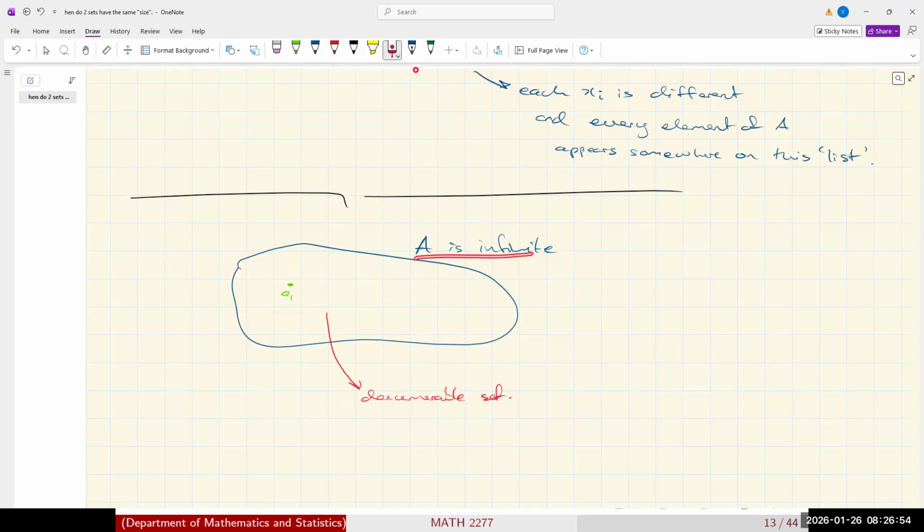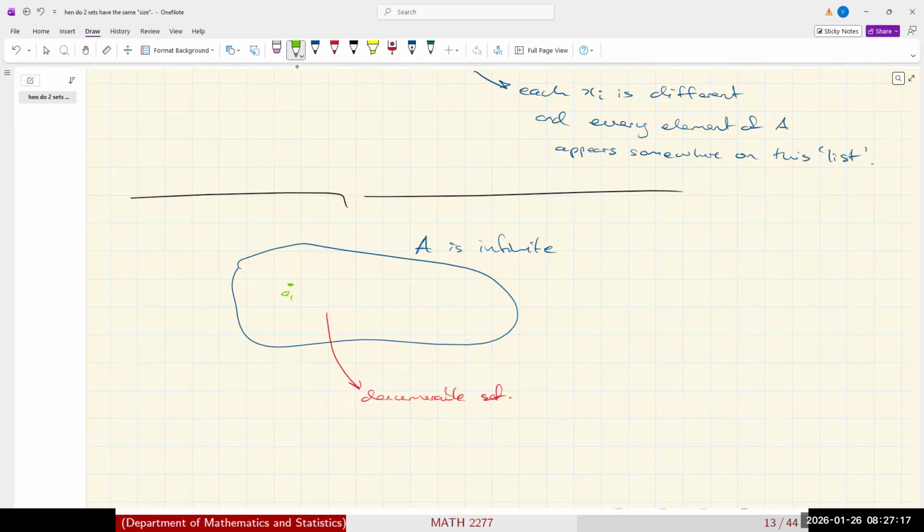Well, if A is infinite and you take a1 and remove it from A, then A is still infinite. Otherwise, A would have been finite. So if you choose any point of A, a1, there are infinitely many points remaining.